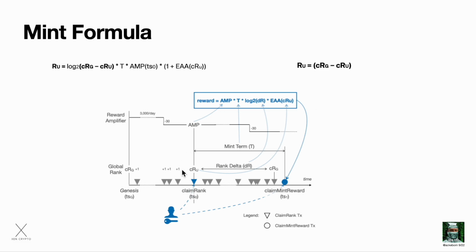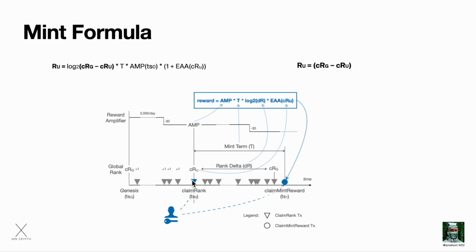Your C rank is that natural number that you got back then. That was simply the then current global rank plus 1. So your C rank is always the sum of all addresses that have interacted with the protocol before you claim C rank, plus 1. So your C rank at that claiming process equals the global rank at that time.